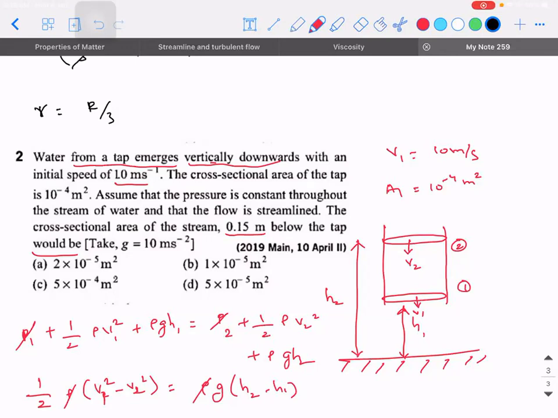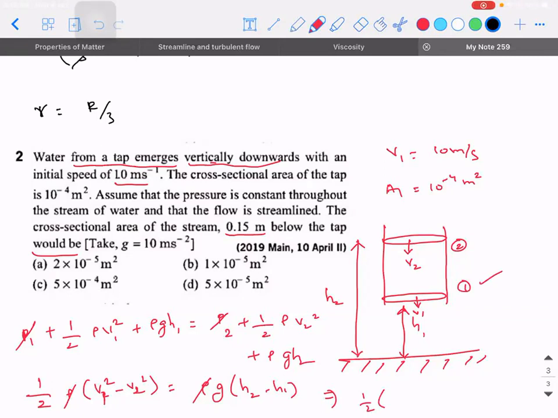Oh, sorry. Varun, what you told is right. I'm sorry, I thought the cross-sectional area is not varying. What is the cross-sectional area of the stream, right? Yes, sorry, you're right. So first find out what is the velocity at point 1.